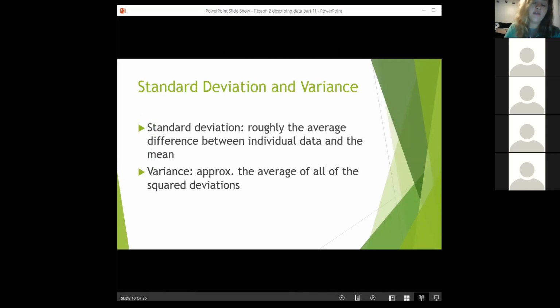Variance is just the average of all the squared distances, so it's our standard deviation squared. Keep that in mind, because variance is different than standard deviation. If you're given the variance, make sure you square root it to find your standard deviation if you're asked for that too, because they're not the same thing.